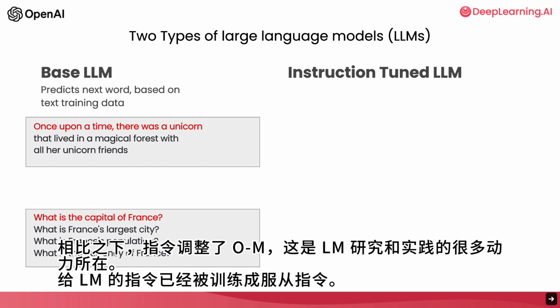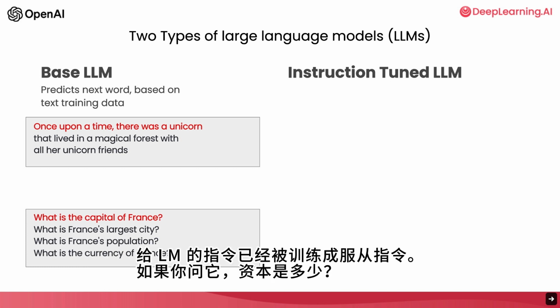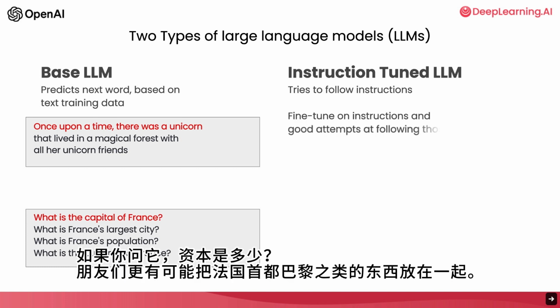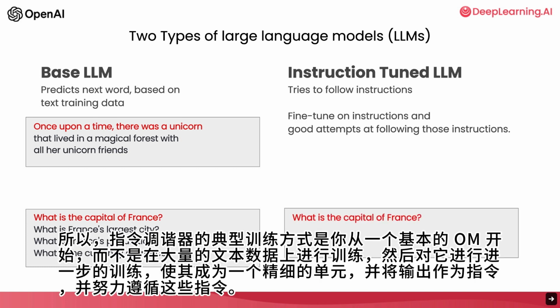In contrast, an instruction-tuned LLM, which is where a lot of the momentum of LLM research and practice has been going, an instruction-tuned LLM has been trained to follow instructions. So if you were to ask it, what is the capital of France, it's much more likely to output something like the capital of France is Paris.